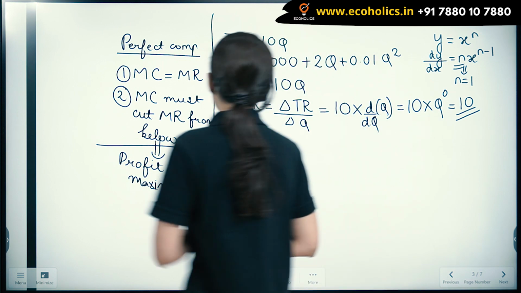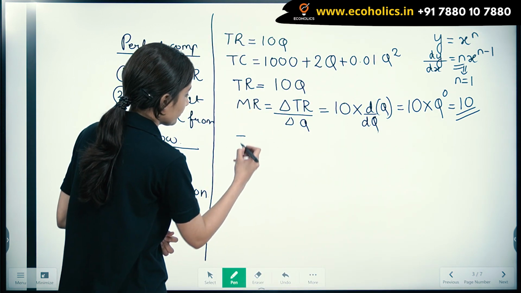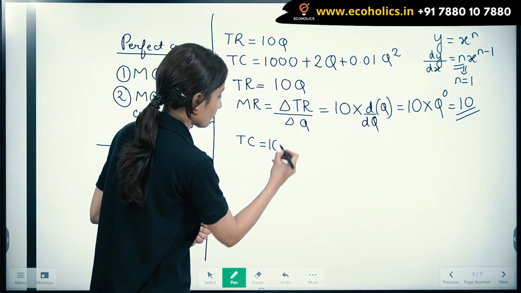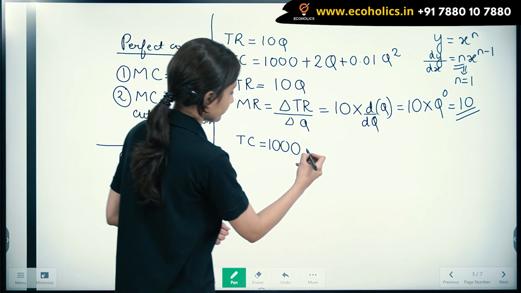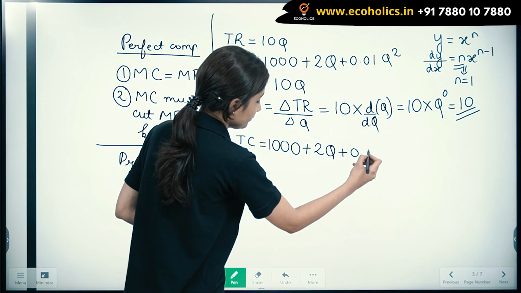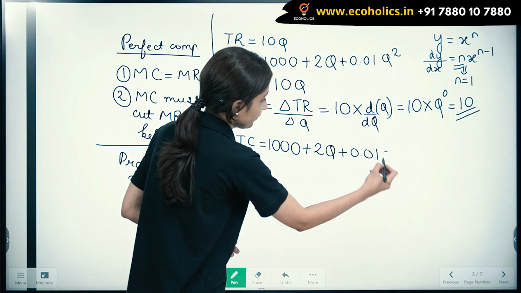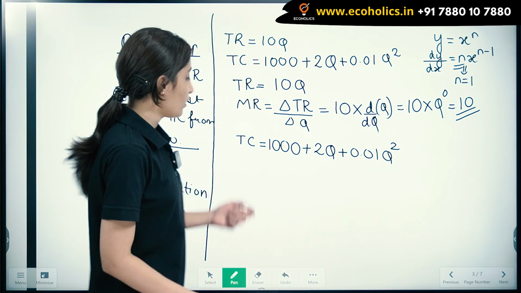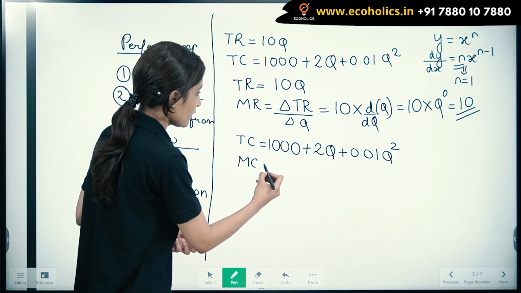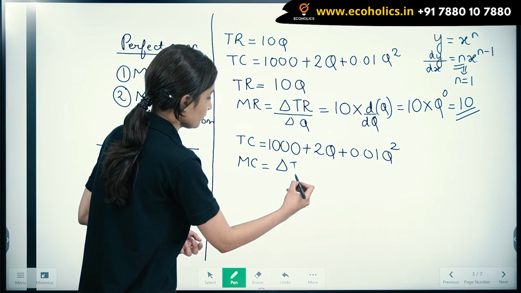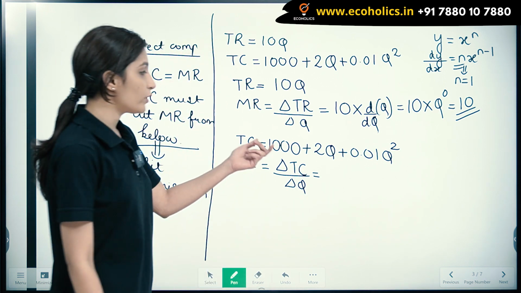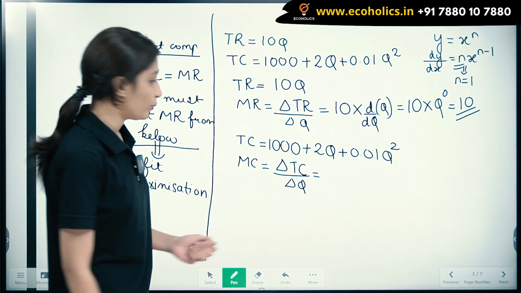Now similarly, we'll also calculate our marginal cost. So our total cost is 1000 plus 2q plus 0.01 q squared. So this is our total cost. Marginal cost will be equal to, now we need to differentiate total cost with respect to q.